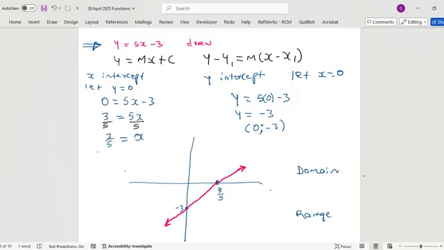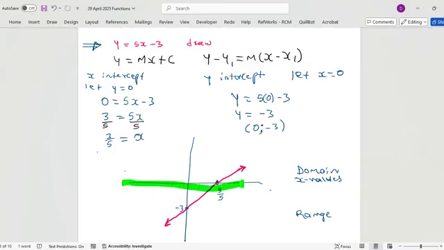Okay, the domain. When I talk about the domain, I'm talking about the starting point and the end point on the graph, but looking at the x values. Where does the graph start on the x-axis?